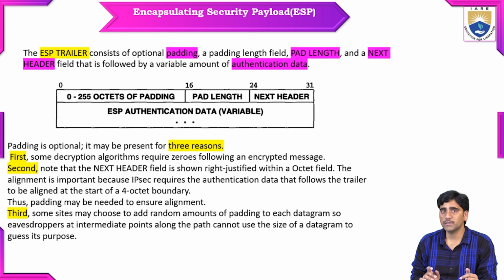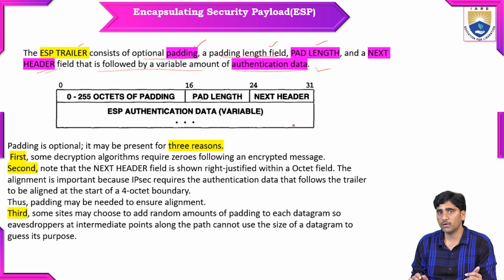And the ESP trailer consists of optional padding, the pad length field, and the next header field, that is followed by a variable amount of authentication data.